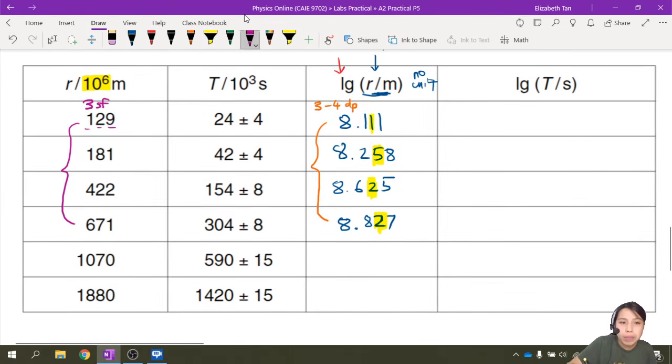Now the last two, please be careful. These two, it's a bit sketchy. You know why? How many SF are these values here? If you look on the left side, all the way there, 1, 2, 3, 4. So this actually can be 4 SF, or you could also say, but miss, isn't this 3 SF since the 0 doesn't count? Yeah, so we really don't know. This can be 3 or 4 SF. So there's a whole bunch of possible values you can do for this.